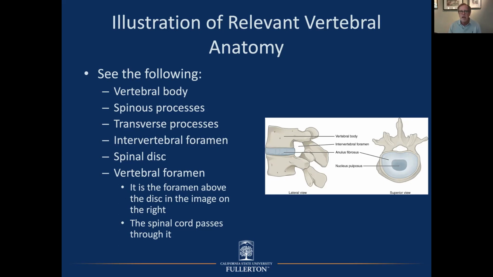It doesn't have a label. It's the vertebral foramen. And those line up. So if you stack all your vertebrae up, those holes align and the cord is inside of it. And that provides it with a lot of protection. The only place where it's really open is right here. That's the intervertebral foramen. And what comes out of there is a spinal nerve, one on one side, one on the other.